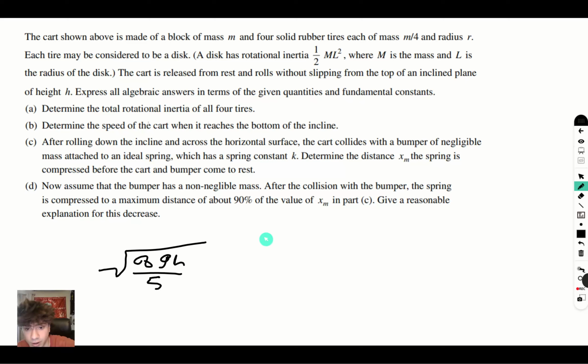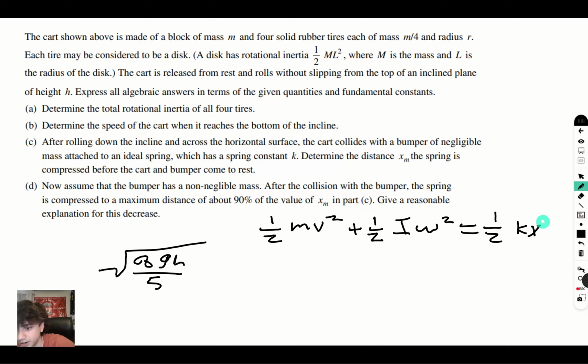Alright, so we know that we have our 1/2 mv squared, both of our kinetic energies. And at the end, we're just going to have spring potential energy, 1/2 kx squared.